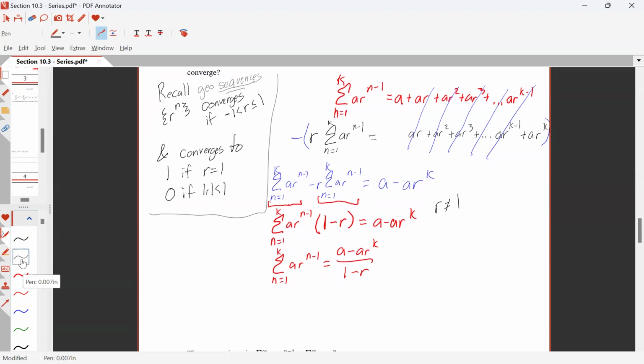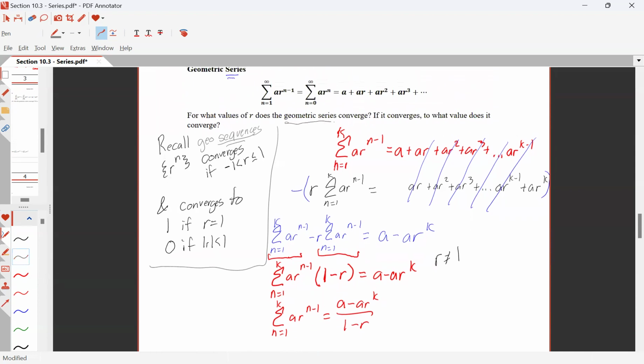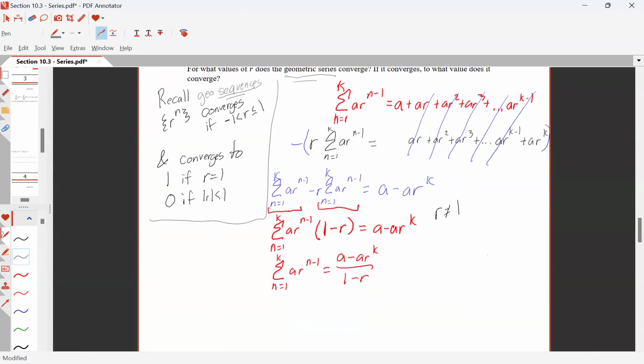Now, looking at the limit, because the definition of series convergence, which is what we're trying to find, is when the limit of the sequence of partial sums has a value.